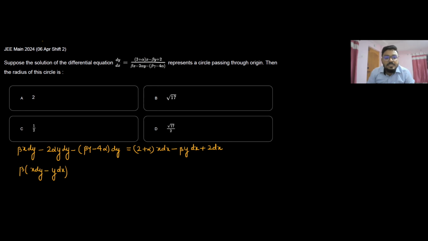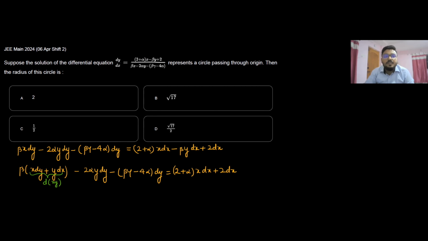And the remaining things I am keeping as it is, nothing to change: 2 alpha y dy minus beta gamma minus 4 alpha times dy equals 2 plus alpha times x dx plus 2 dx. Now, before integrating, we can see this is an exact differential in this part. It should be plus here after shifting to the left. Yes. So now this is an exact differential, which means this is d of xy.